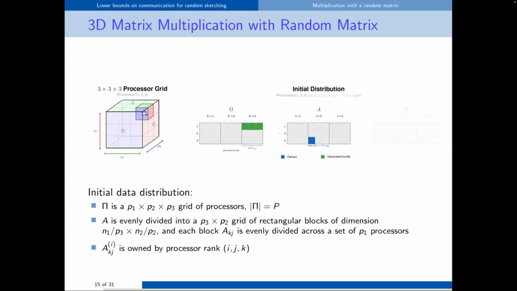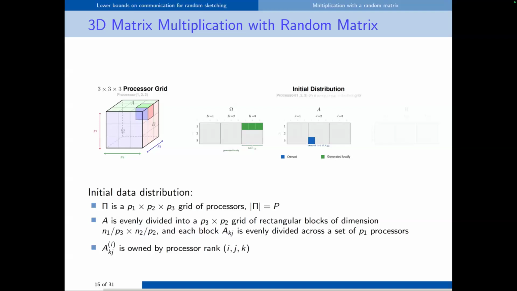When we start the algorithm, we consider that A is distributed in a balanced way among all processors. So if I look at this processor, it will only own at the beginning a part of this square here. And then we'll write the algorithm such that omega is generated whenever it is needed on any processor where it is needed. And then we'll be calculating B in the following way.